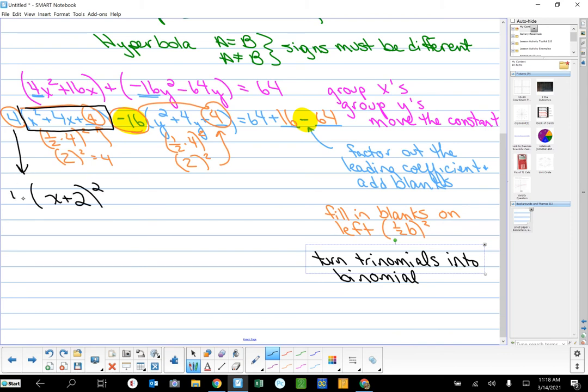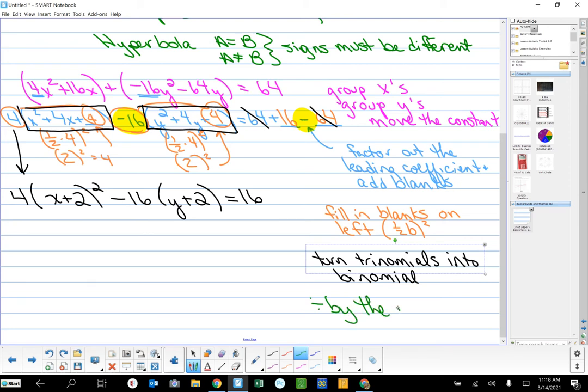Make sure your coefficient stays on. Minus 16 y plus 2. And then on the right-hand side, we're just doing the math. Your 64s are going to cancel each other out, giving you a 16. And then our last step here is going to be to divide by the right side.